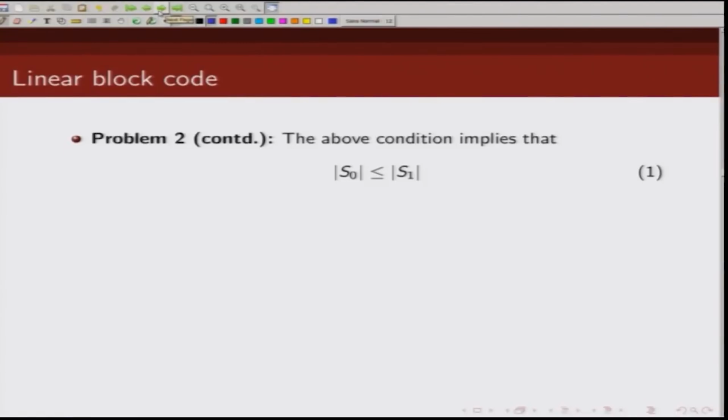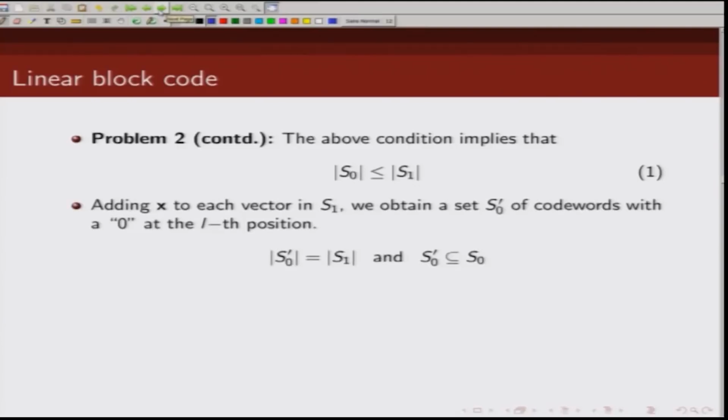So from this we get the condition that the number of code words which have 0 at the lth location is less than or equal to the number of code words which have 1 at the lth location.